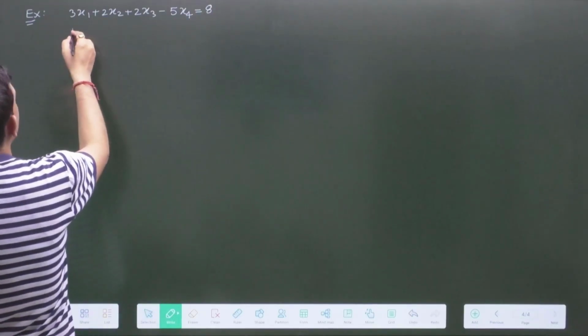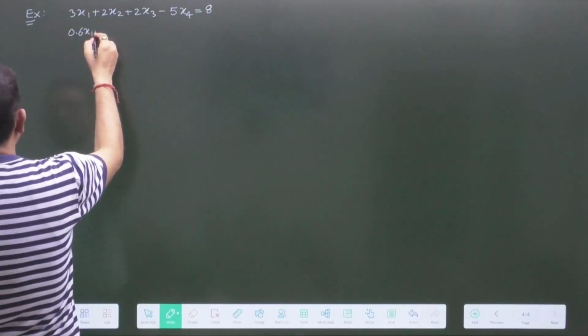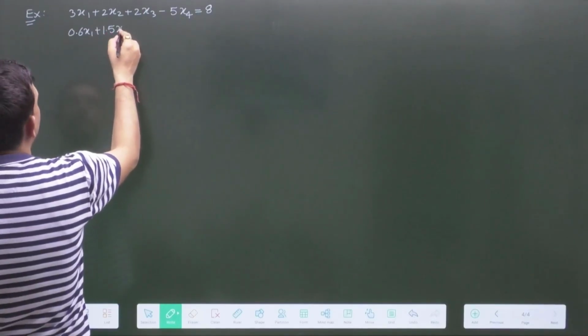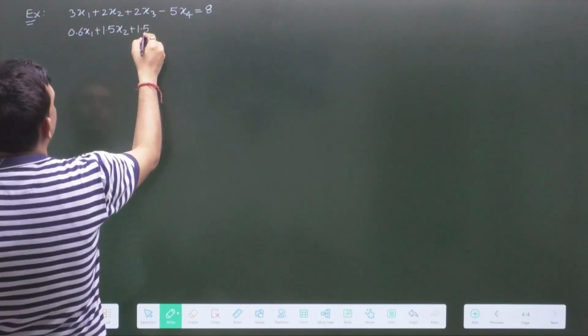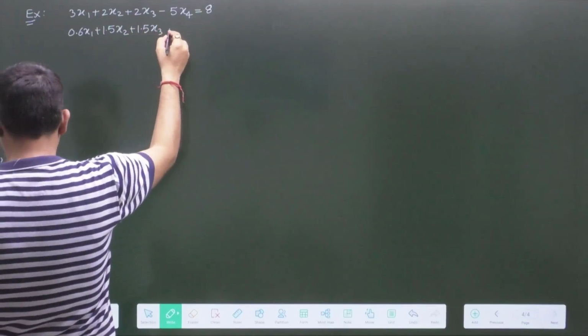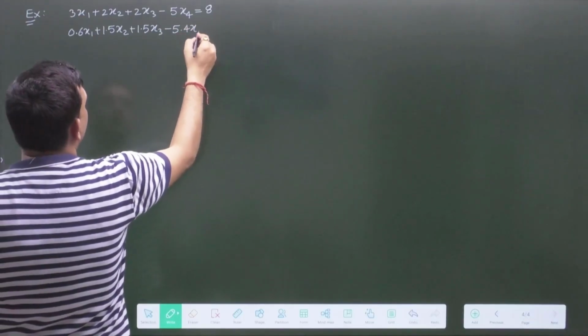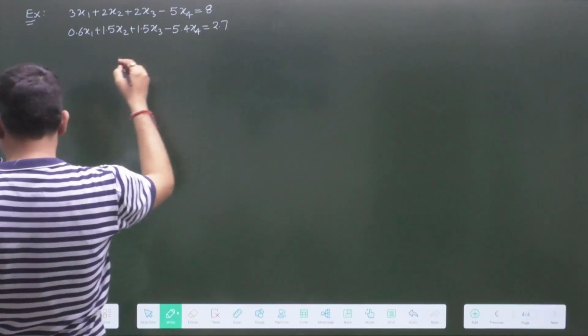Then you have 0.6x1 plus 1.5x2 plus 1.5x3 minus 5.4x4, and that is 2.7.